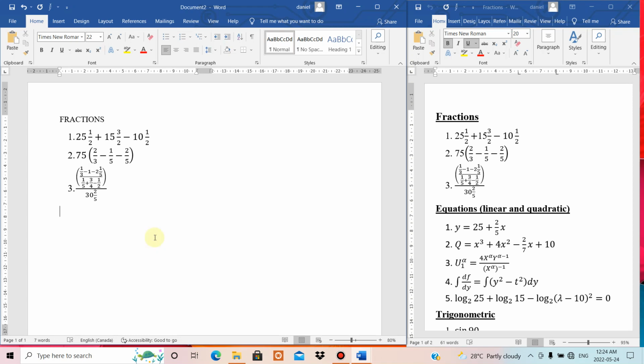The next is our equations, both linear and quadratic.